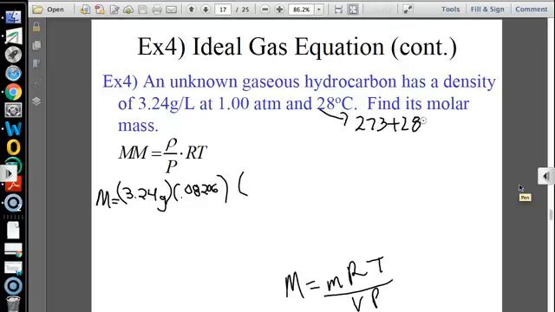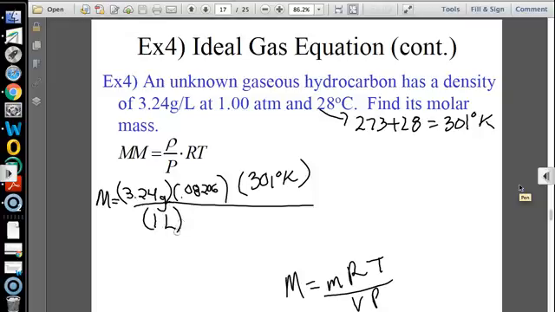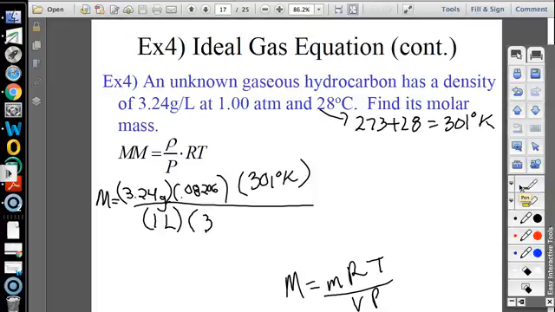Yeah, it's 301. And then the volume was 1 liter, because it's 3.24 grams in 1 liter. And then the pressure is given to me. Pressure is 1 atm.